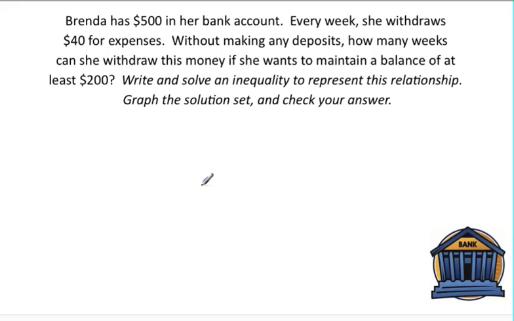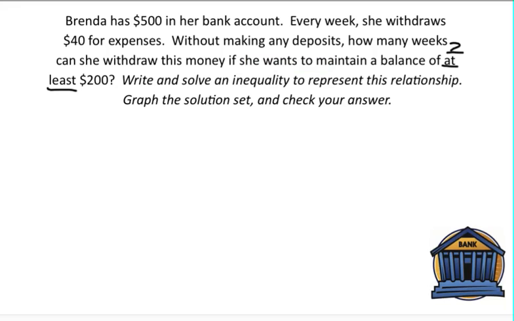But before that, we need to underline key details. For example, the phrase "at least." We underline this phrase because this phrase means the sign being used is the greater than or equal to sign.